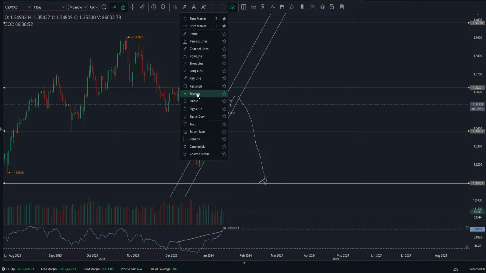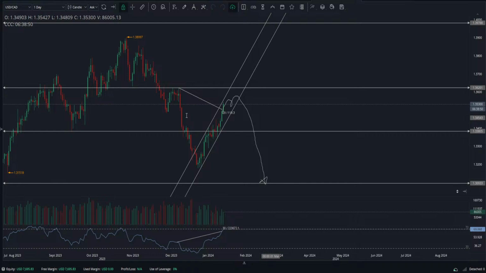I can write here: the bias is bearish because of hidden bearish divergence. So I'm expecting the price to fall anytime towards these lows here around the 1.3177 area and 1.3093 eventually.